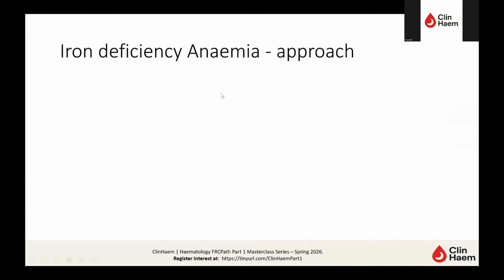Okay, so iron deficiency anemia. This was actually what I was supposed to say. So in summary, you see if there is inflammation or not. If there is no inflammatory state, then you check what the ferritin is.